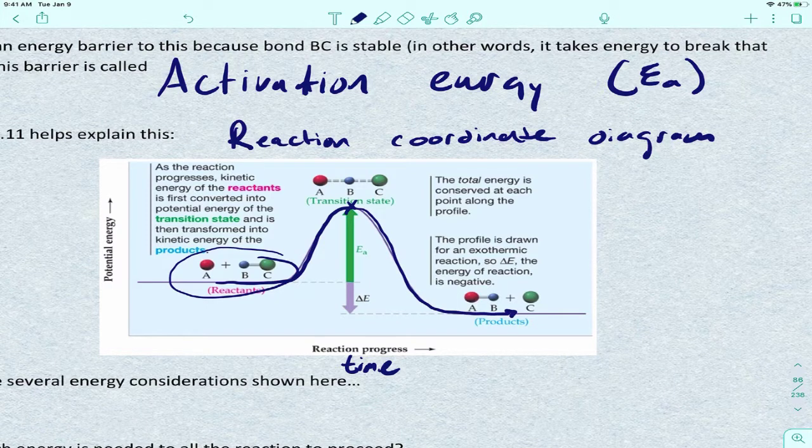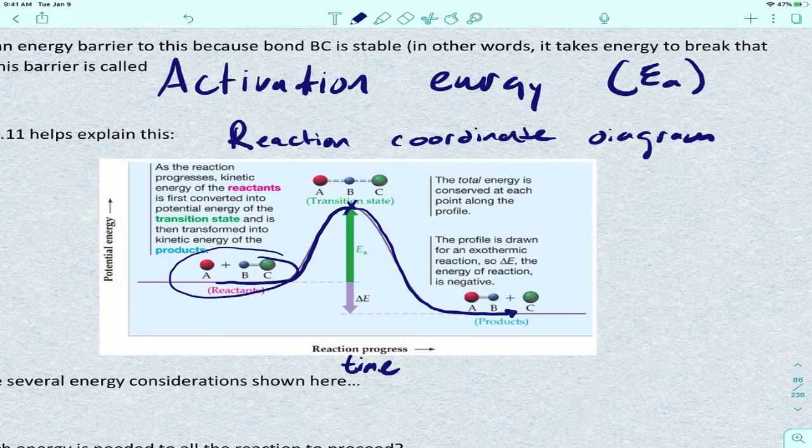We saw these back in Gen Chem 1: if the products are lower than the reactants, this is an exothermic reaction. If it's the opposite, where the products are higher than the reactants, this is an endothermic reaction.